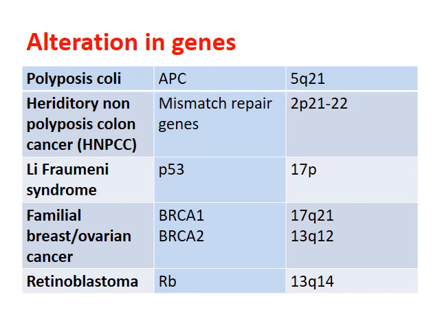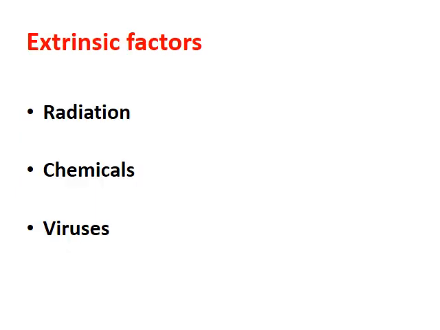The other malignancy is familial breast cancer or ovarian cancer associated with BRCA1 and BRCA2 gene disturbance, and retinoblastoma with abnormality of the RB gene, and we will talk about it later. We have two types of retinoblastoma and the difference between them.